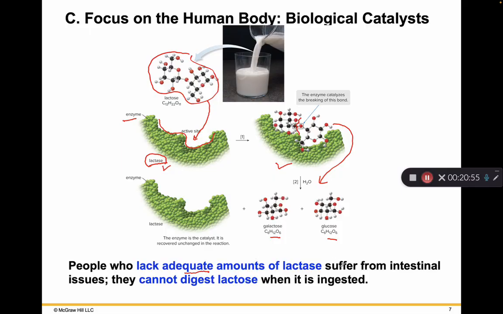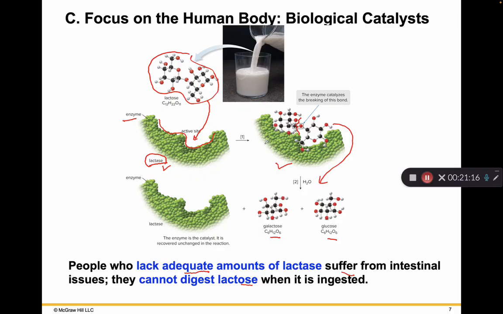And due to that, they suffer from intestinal issues and discomfort when they drink milk. That's why they have to drink the lactose free milk, the one that has lactase added to it. So now, since the lactase is present there, the lactose will be digested, and that's how it will be taken care of.